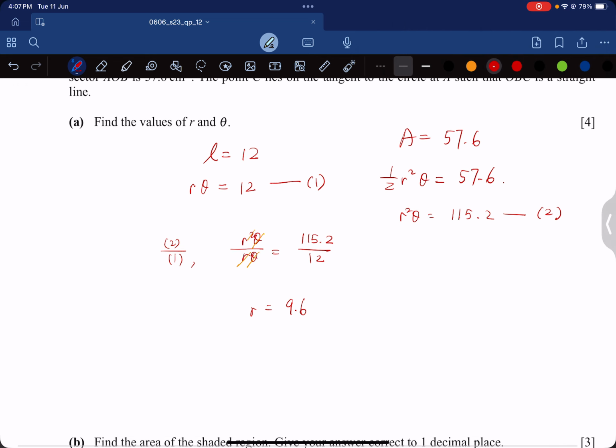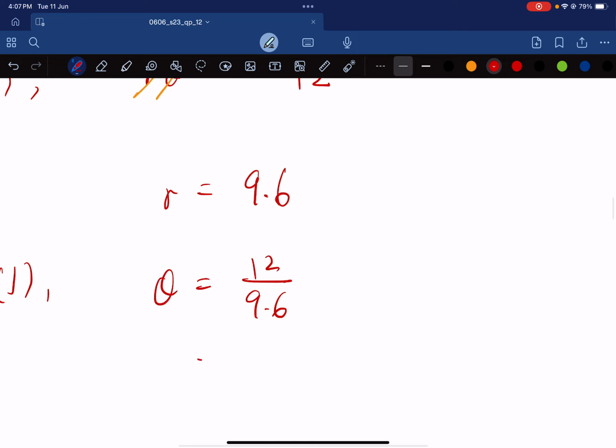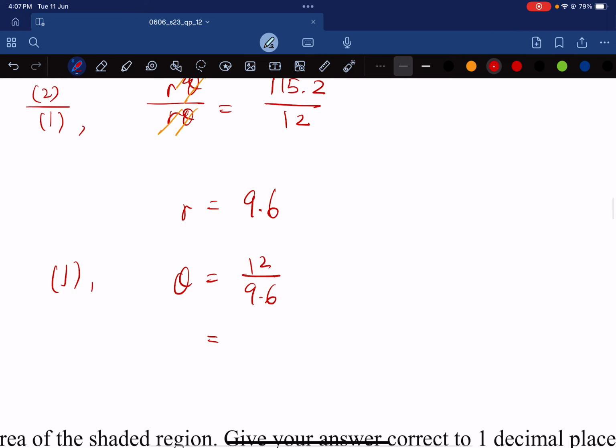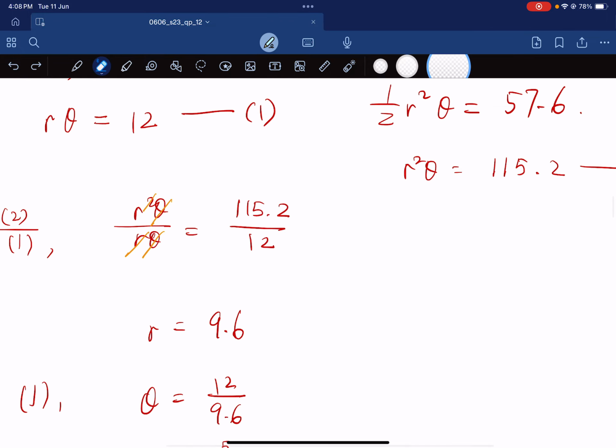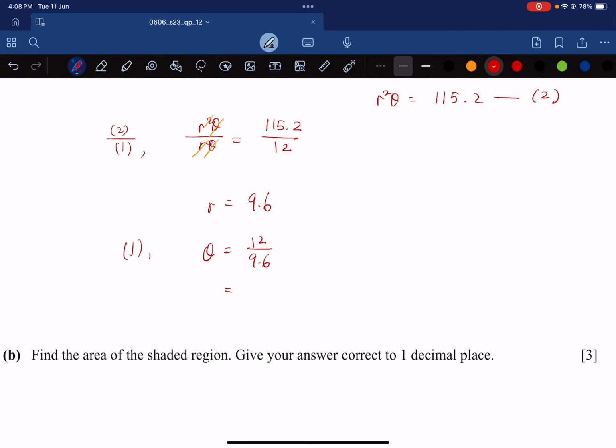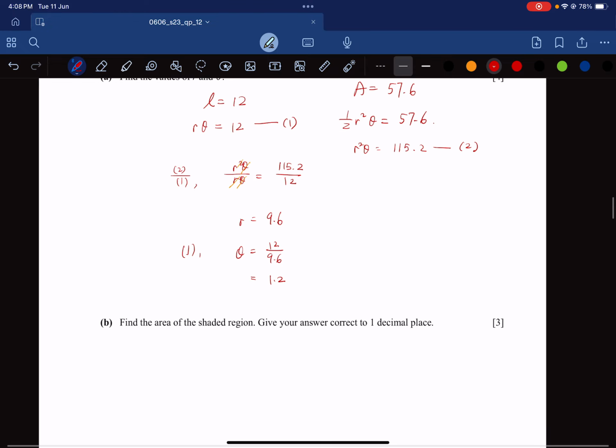Then theta, from the first equation, we know theta is 12 divided by r, which is 12 divided by 9.6. This differs by 2.4, and 9.6 is also a multiple of 2.4, so this is 5 over 4, which is 1.25.